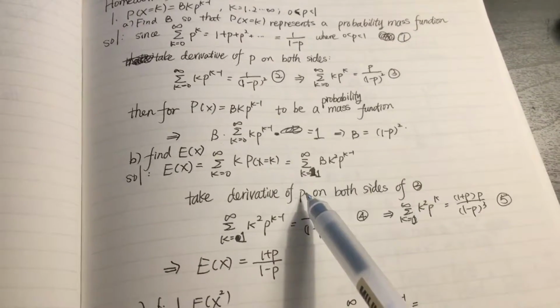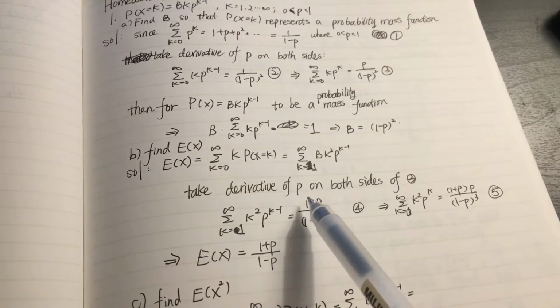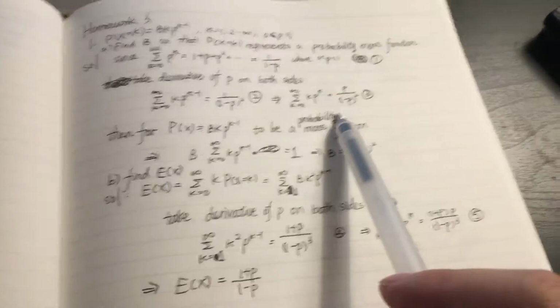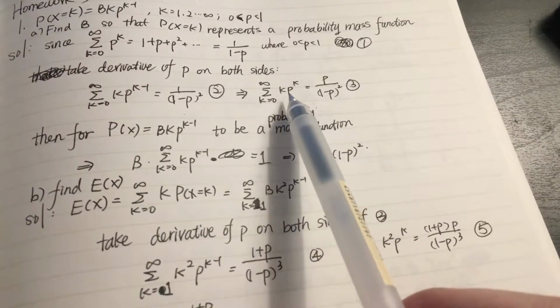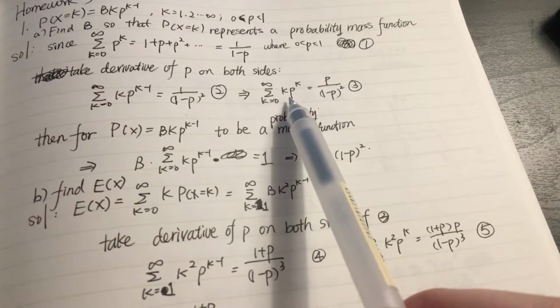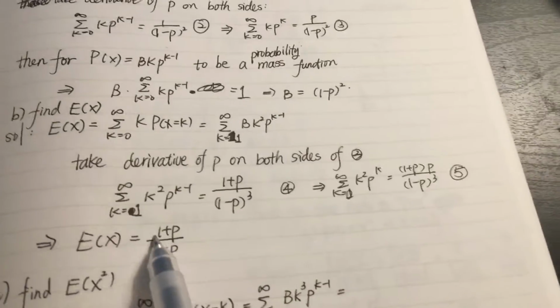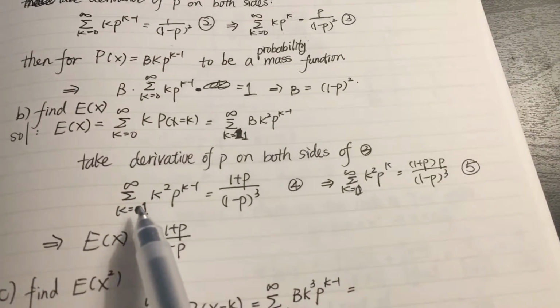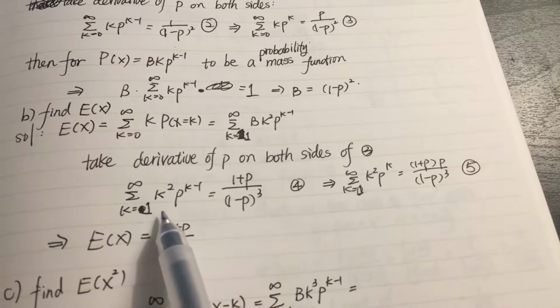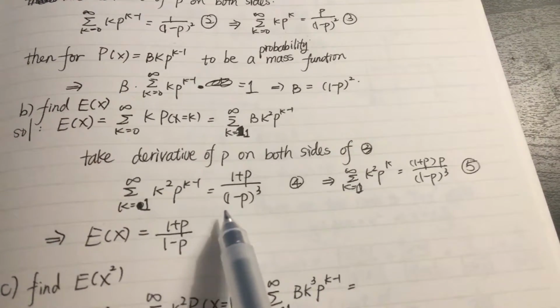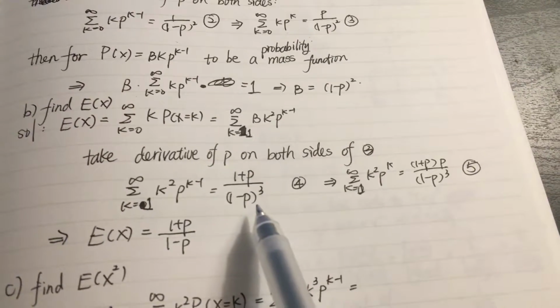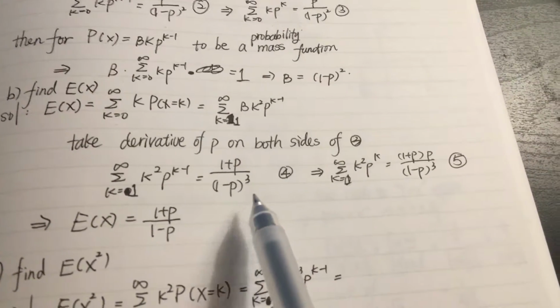So we can similarly take the derivative with respect to p on both sides of equation 3 to get the squared term of k, and then the sum of k squared times p to the degree of k minus 1 is equal to 1 plus p over 1 minus p to the degree of 3.